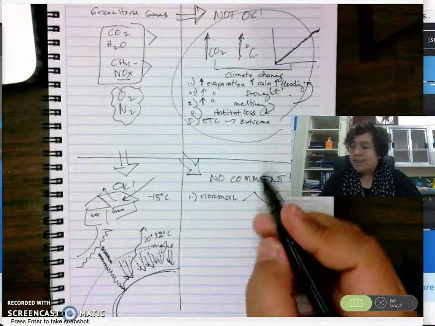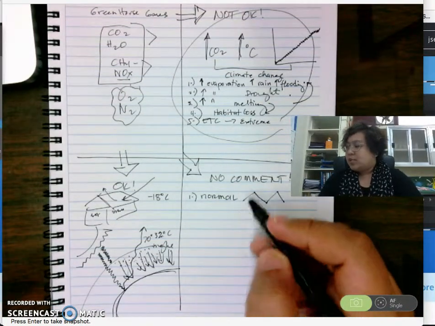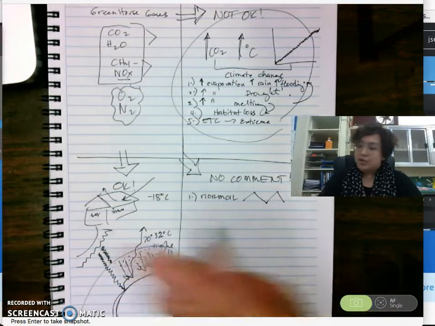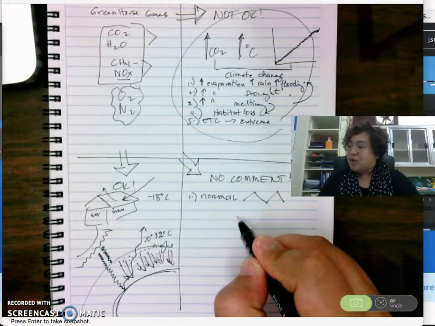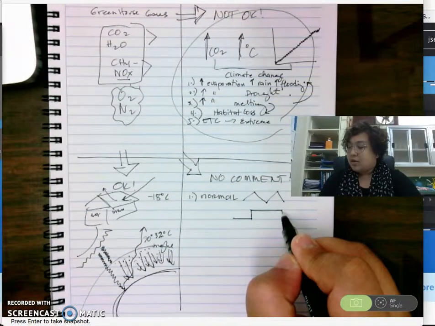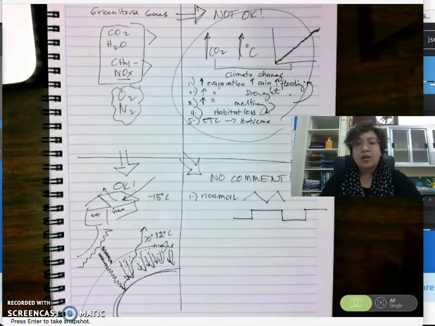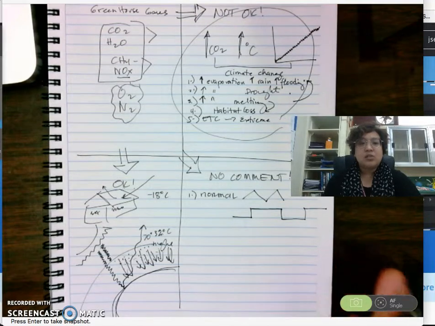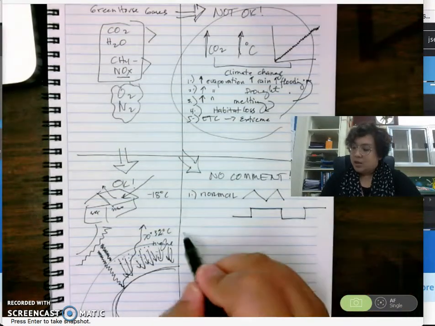That's normal. And it's also been studied that thousands of years ago, the Earth has gone through extreme freezing, and then hot, freezing, and then hot. So whatever is happening to us is a normal cycle.